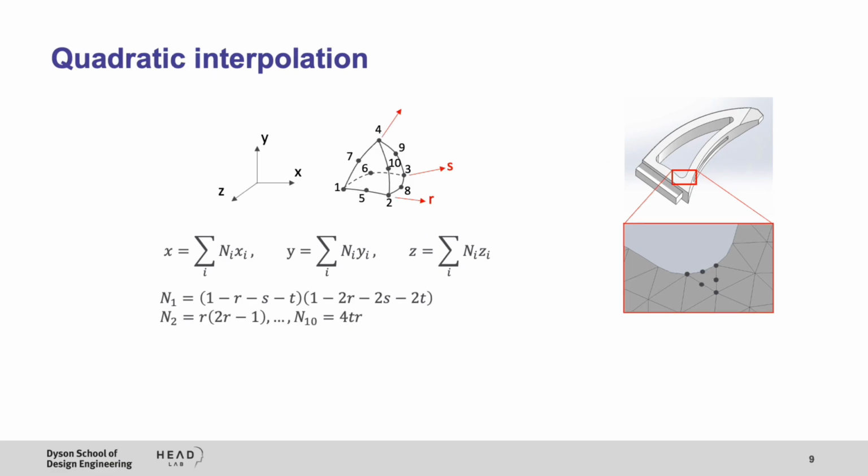Now let's look at a 10-node tetrahedral element. For this element we have 10 shape functions that are shown here, and these are quadratic functions of R, S, and T. We call this a quadratic element because its interpolation is quadratic.